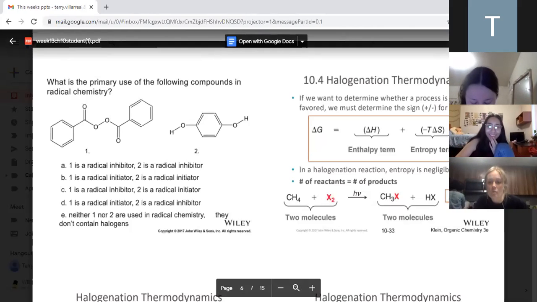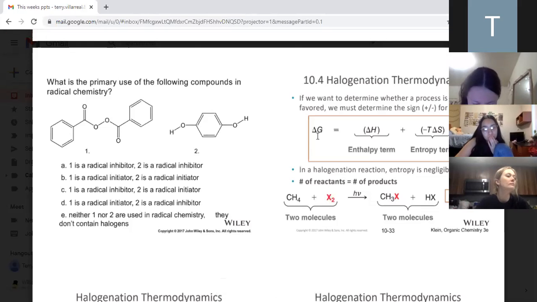So delta G is our Gibbs free energy of our product. So if delta G is negative, is our product favored? Yes or no? No, because wouldn't it be non-spontaneous? It's spontaneous if it's negative. Oh, so then it is product favored.